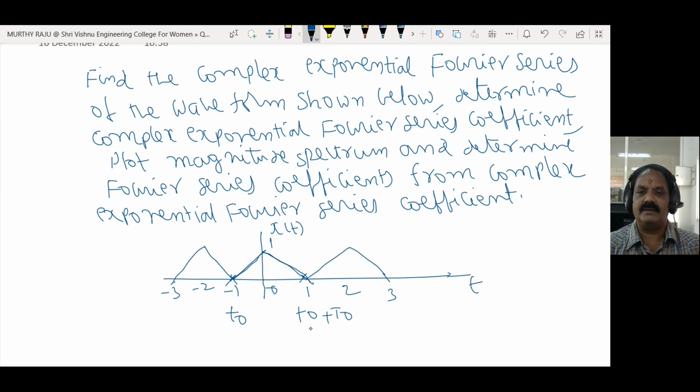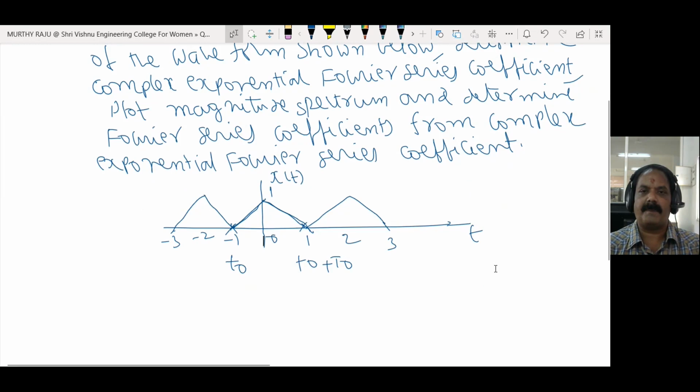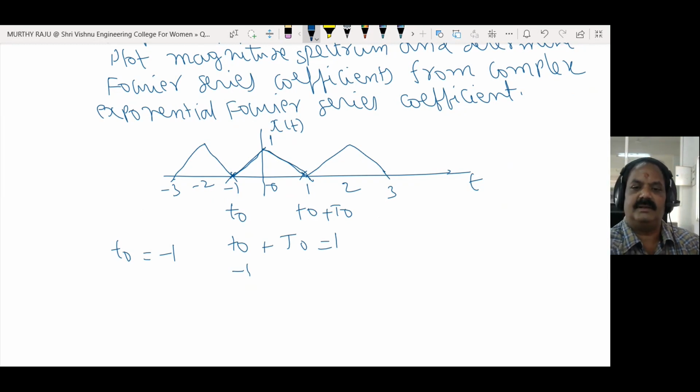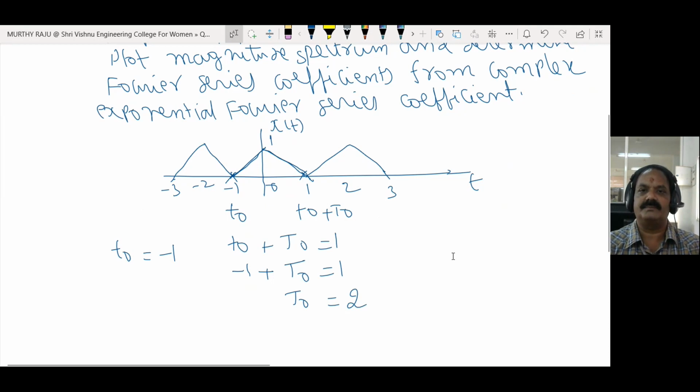This one is t naught, this one is t naught plus T naught. t naught is equal to minus 1, t naught plus T naught is equal to plus 1. Minus 1 plus T naught is equal to 1. Therefore, T naught is equal to 1 plus 1, which is 2. The time period of the waveform is 2.